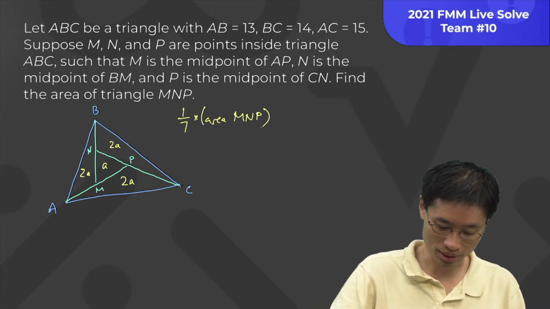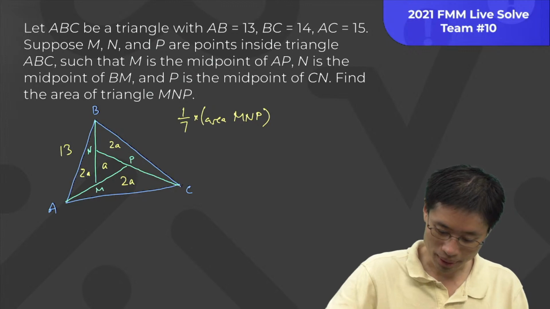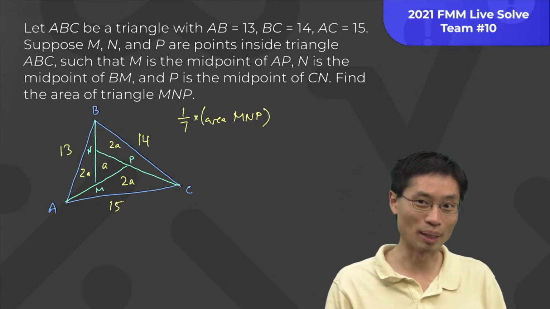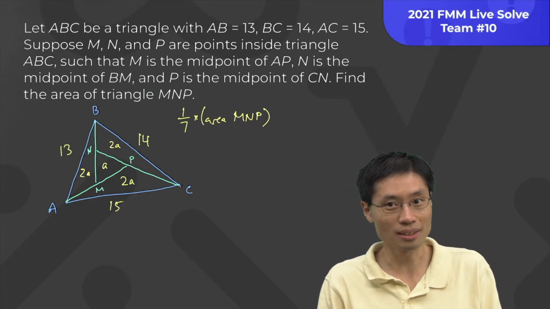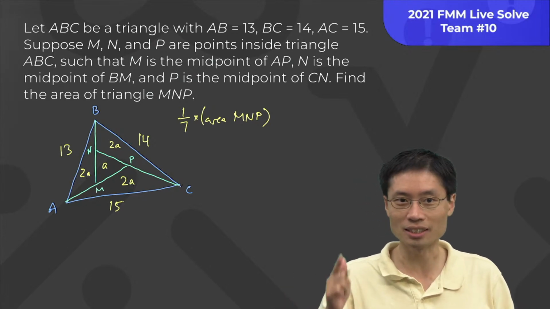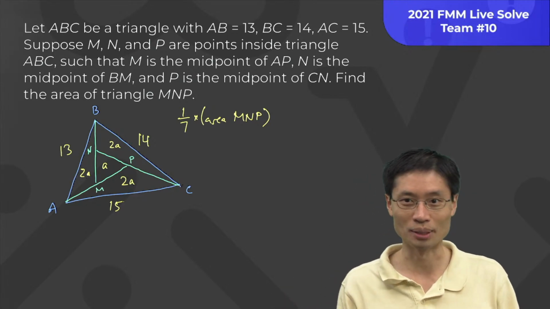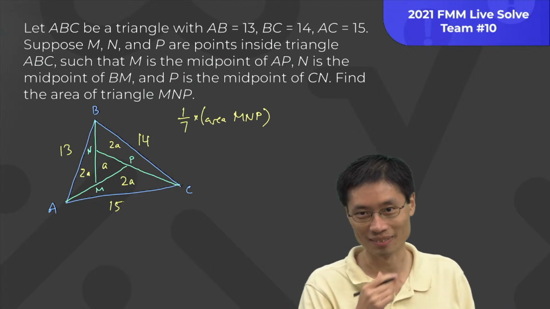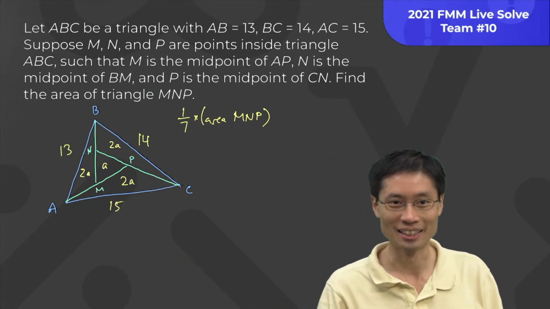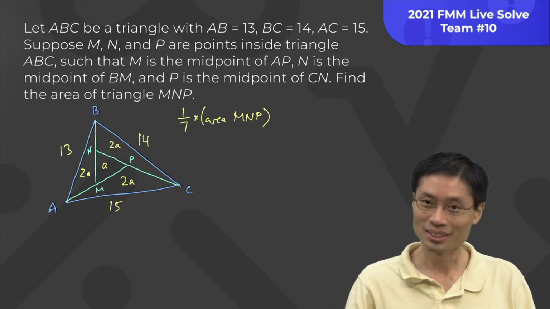Well, AB was 13, BC was 14, and AC was 15. I've seen this triangle many times before, so I actually know how you make it. But if you didn't know, there's a formula that will save your life in these kinds of things, and it's Heron's formula, or Hero's formula, depending on how you write it. I have the 3 sides of the triangle, so let's just use this formula.